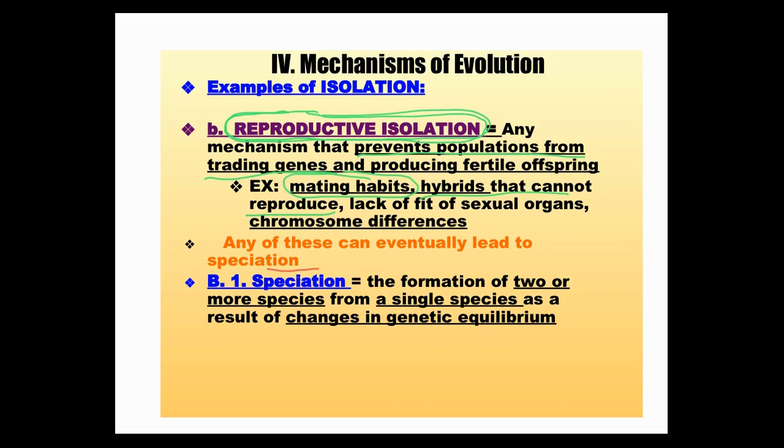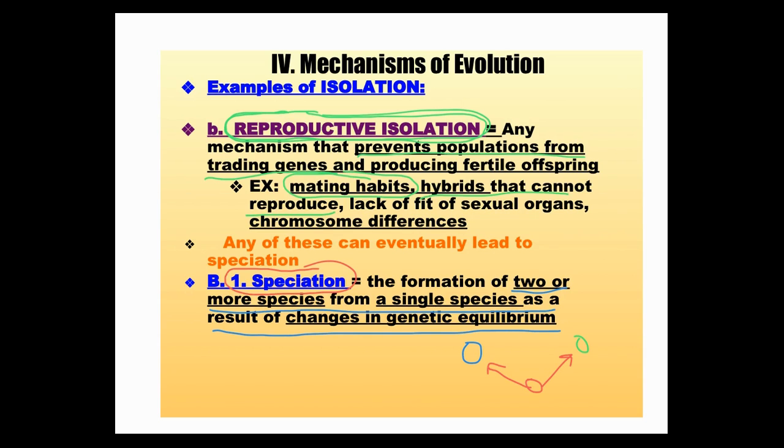This, on the other hand, I will. Speciation. It's basically the process of making new species. You start with one species, and they branch off, maybe through geographic isolation or whatever, and they end up turning into two separate species. So it's a formation of two or more species from a single species, and that results because of changes in genetic equilibrium.